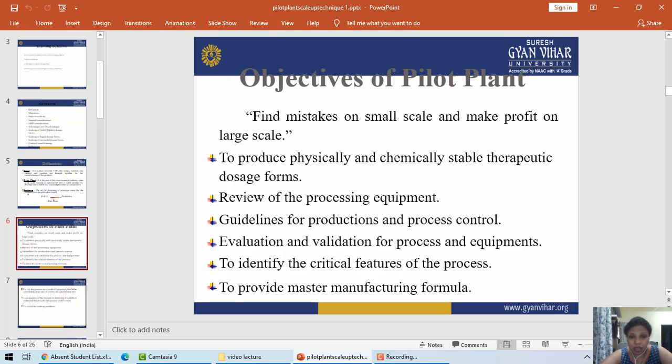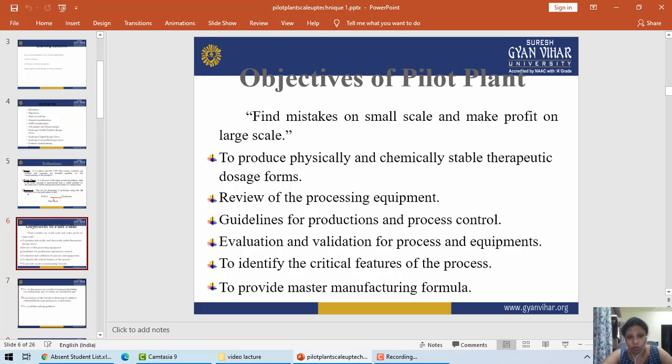For example, in a certain tablet manufacturing process, blending is the critical process. If blending affects a certain property of the tablet, for example, if we do 30 minutes of blending there may be a variation in the disintegration time of a certain product, that means this is the critical factor. Similarly, we have to identify these critical factors in each and every process, and we can identify them by using the pilot plant.